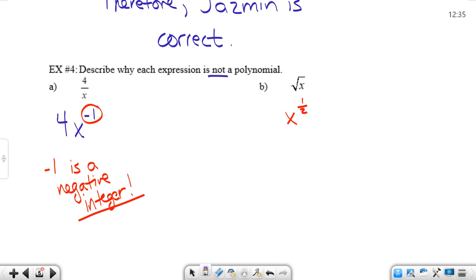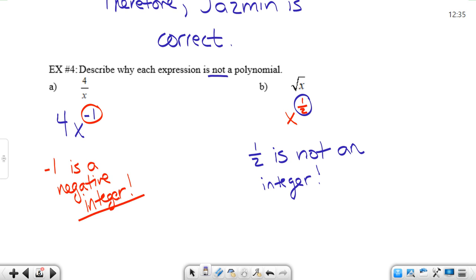Again, if we direct our attention to the degree, 1/2 is not even an integer. It's not even an integer, let alone a whole number.